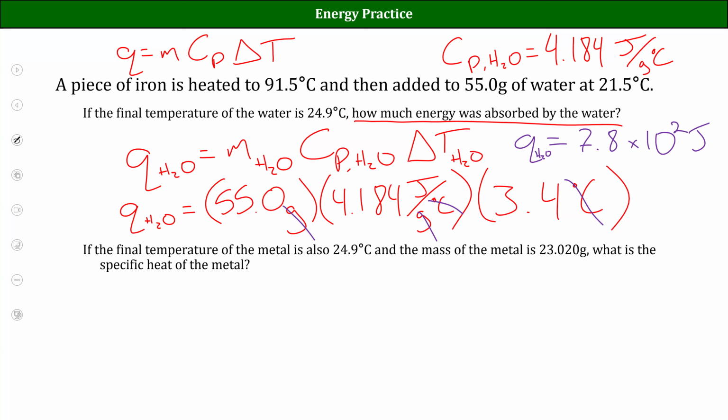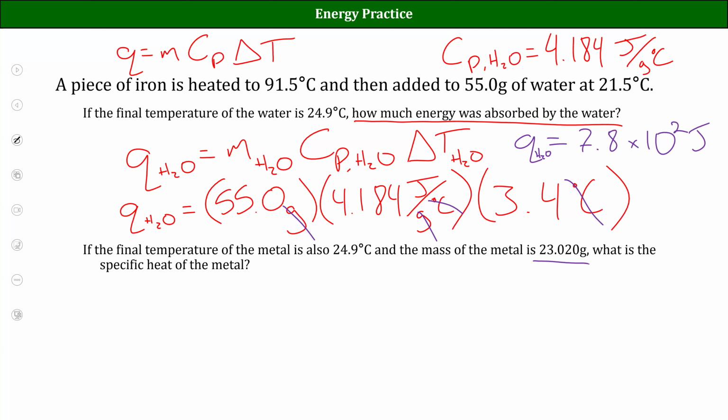We also know that the metal was changing temperature as well. If the metal is changing temperature and we have a mass of metal, we could also figure out how much energy changed hands from the metal. The water warmed up. Why did the water warm up? Where did that energy come from to warm the water up?